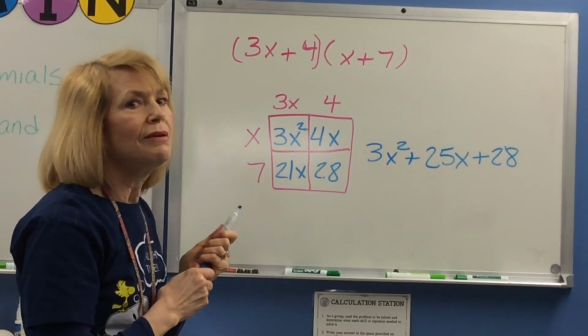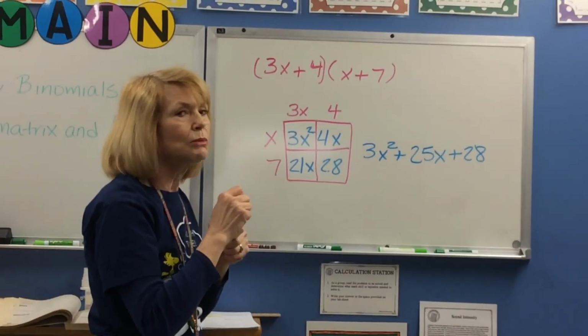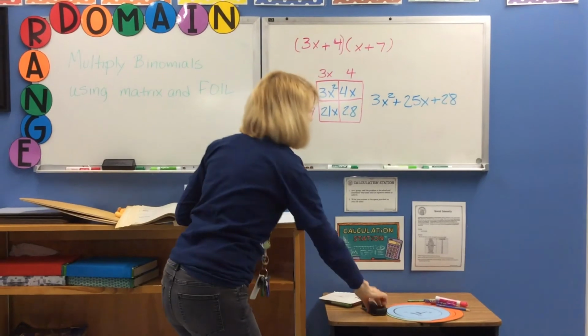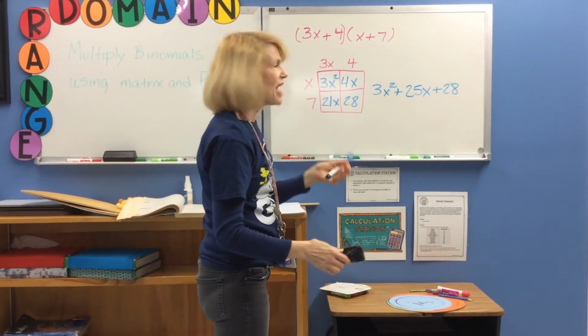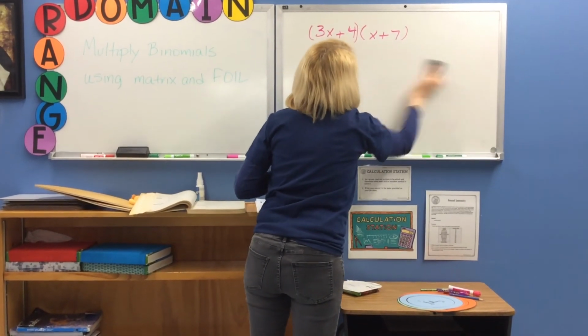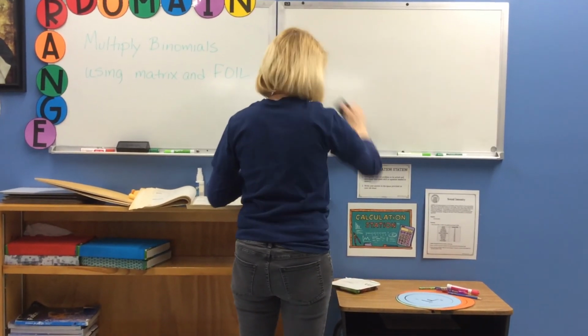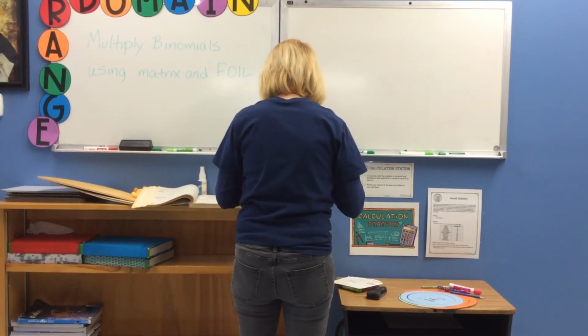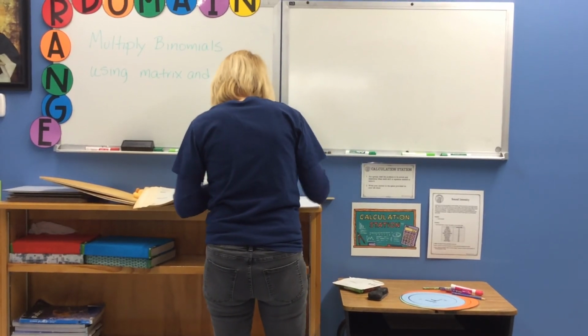Now I'm going to show you a different way to do it. This is the way your book does it, and it's actually faster, but it may not be simpler for you. It just depends. Okay, here's another example in your book.